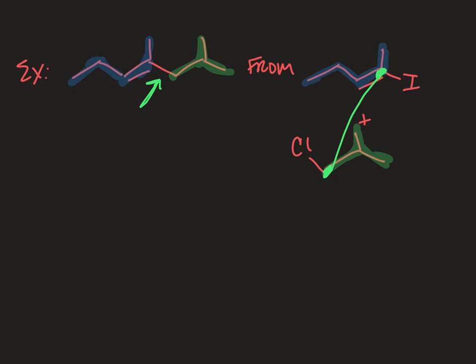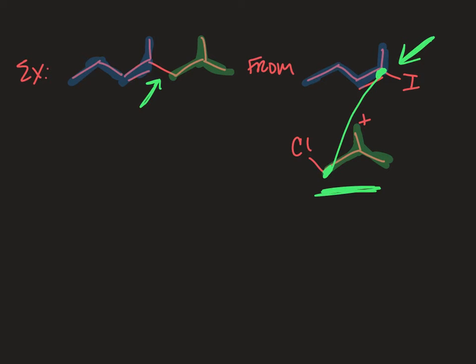So when deciding what's going to be my organolithium reagent turned into Gilman reagent versus the halide that is just added in that Gilman reaction, we're going to use the vinylic, or if it was allylic, as the added halide, and use the alkyl halide to make the Gilman reagent itself.